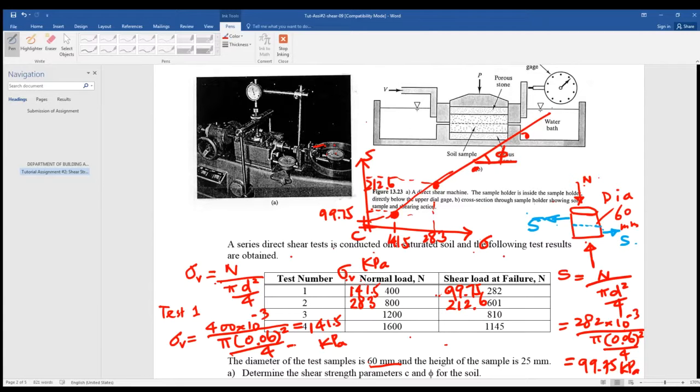When you plot the four sets of data, you get the best-fit straight line, with an intercept on the shear stress axis and the angle of the line. So please work out what C and phi are from the plot.